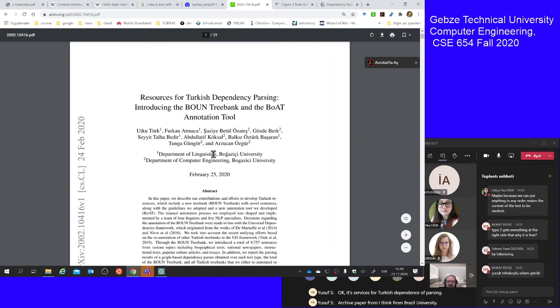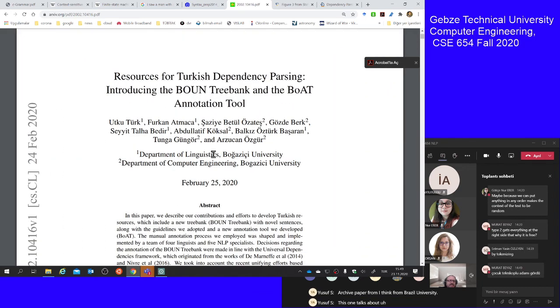This one talks about a treebank, the Boğaziçi treebank, that gives us the dependencies of lots of sentences.